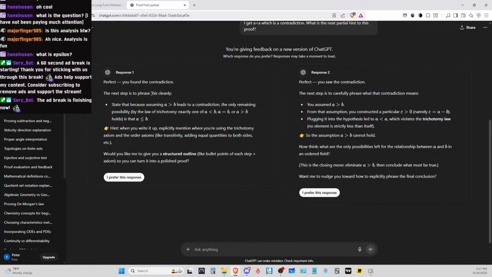The next step is to phrase this cleanly. State that because assuming A leads to a contradiction, the only remaining possibility by exactly one.